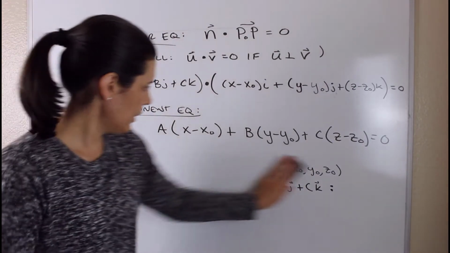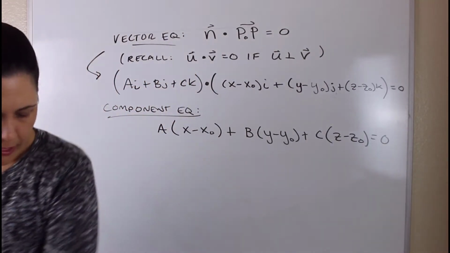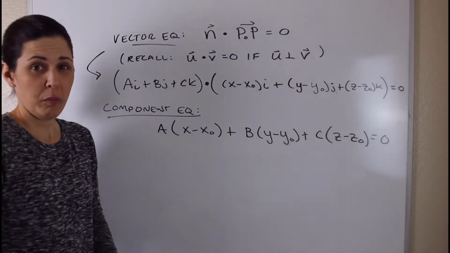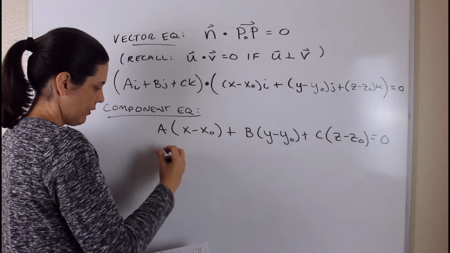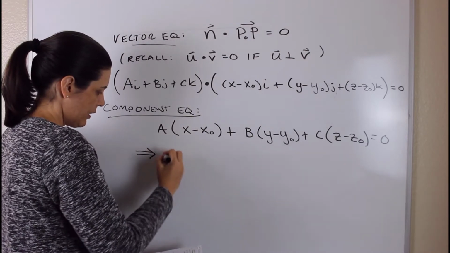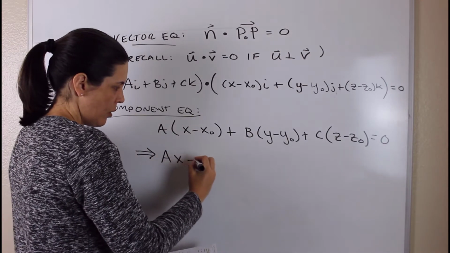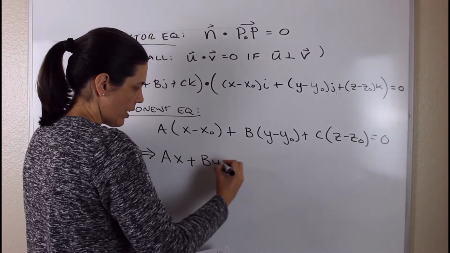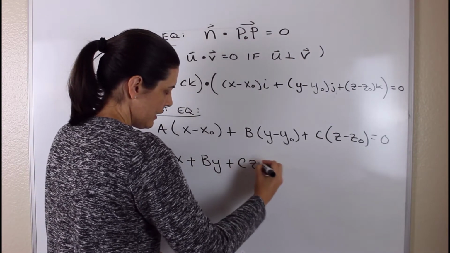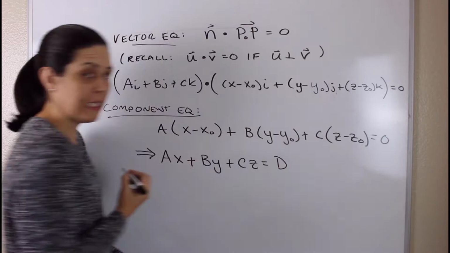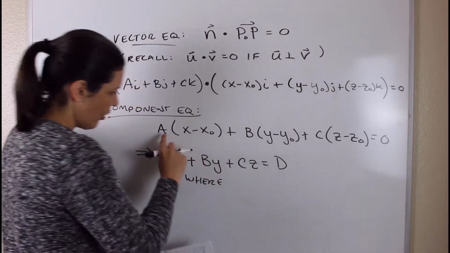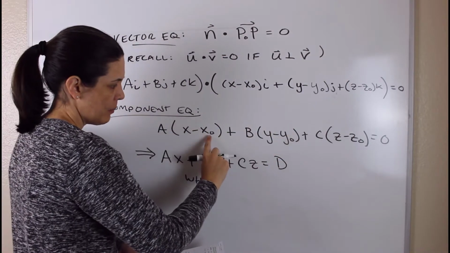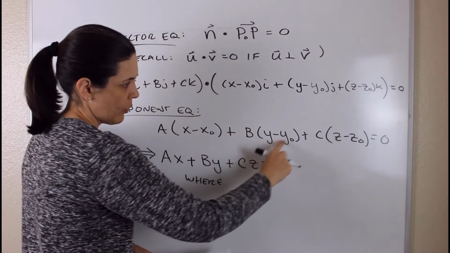You can write this a little tiny bit different if you distribute. So if you said a times x and then a times negative x naught, you can write it like this: ax plus by plus cz equals d, where d is basically all of these a, b, c times the initial values x naught, y naught, z naught.